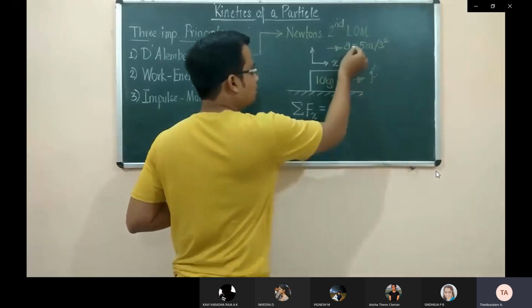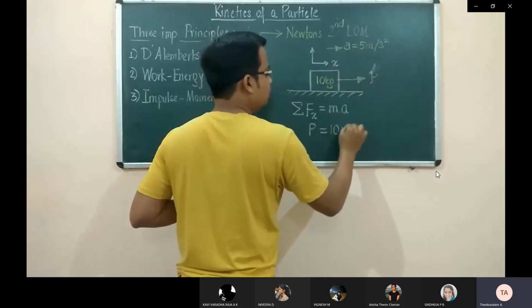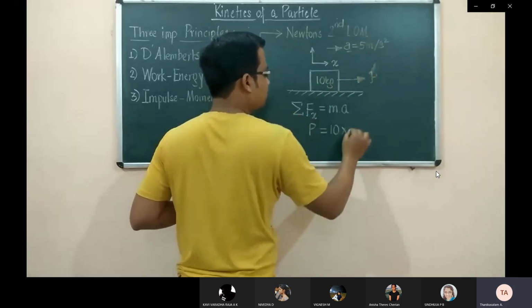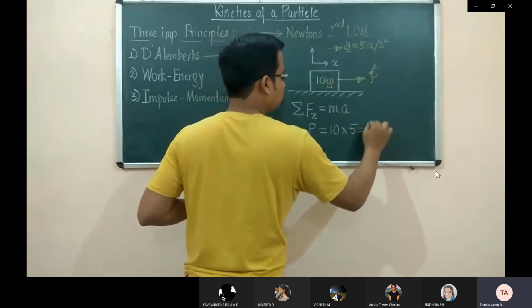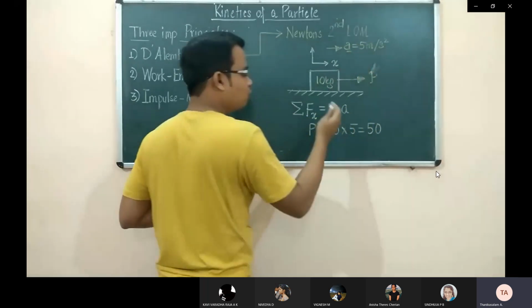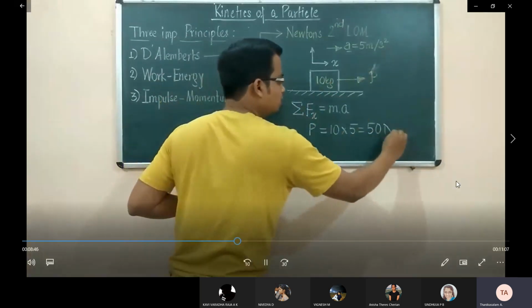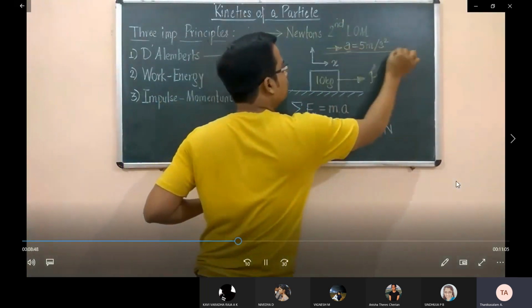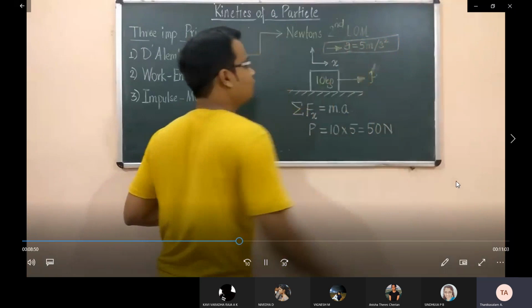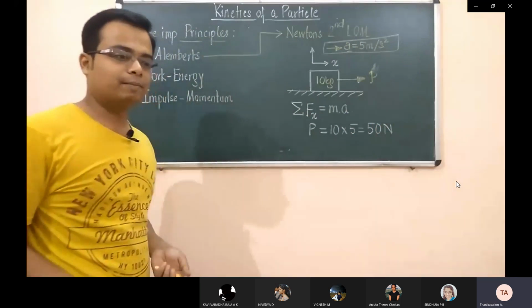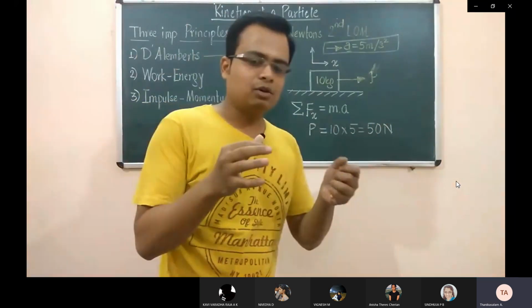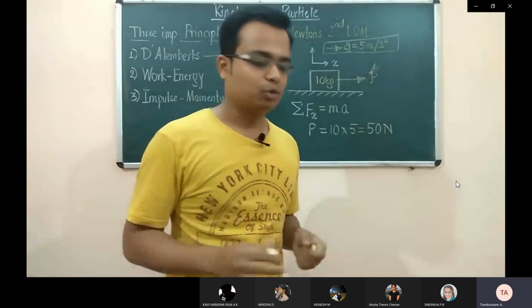So P is equal to mass, which is 10, multiplied by the acceleration, that's 5. So in this way, you can actually compute the value of force which needs to be applied, that is P, which is going to work out as 50 newtons, in order to produce an acceleration of 5 meters per second square. Right. So that was all about the application of Newton's second law of motion.